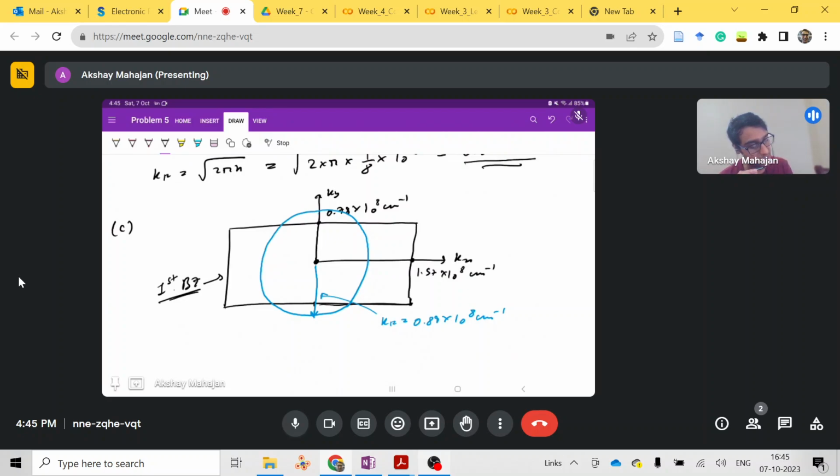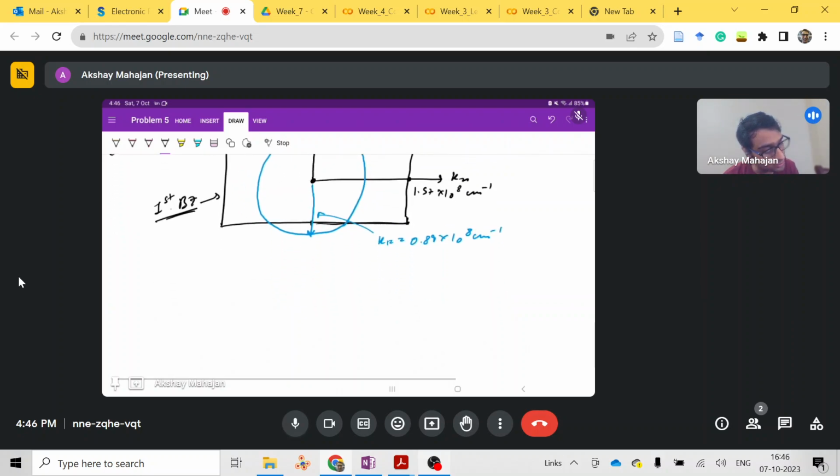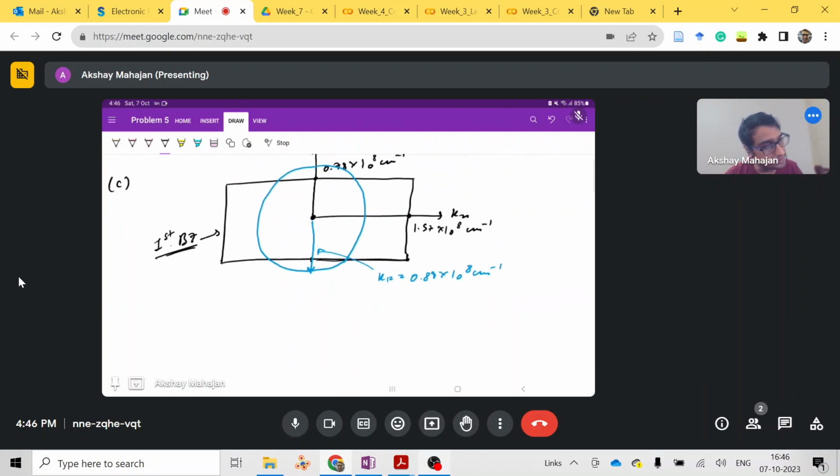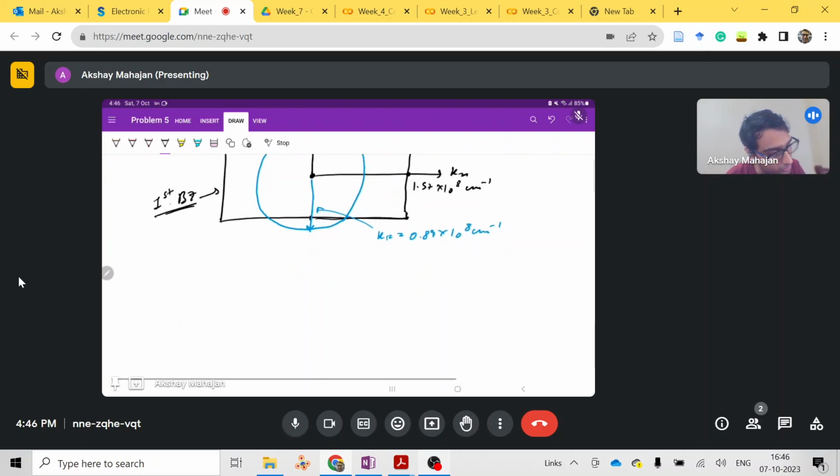When we assume some energy gap, more part goes into the first periodic zone and less part goes into the second periodic zone. So what will happen if you draw it for the first band?